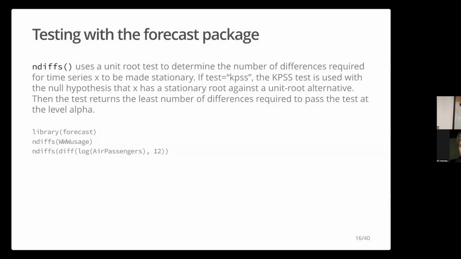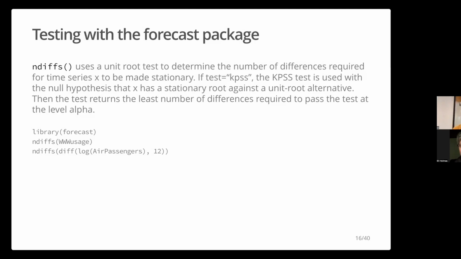All right, speaking of the forecast package, how does that work? We load the library, the forecast package, and there's this function called ndiffs, which says how many differences you need for the time series to be stationary. You can specify which test it uses; do question mark ndiffs in R, and it'll tell you about that.